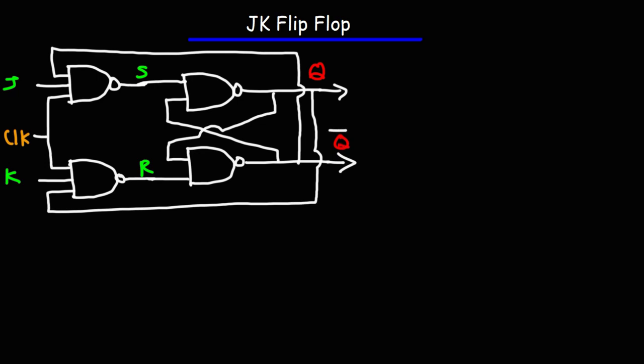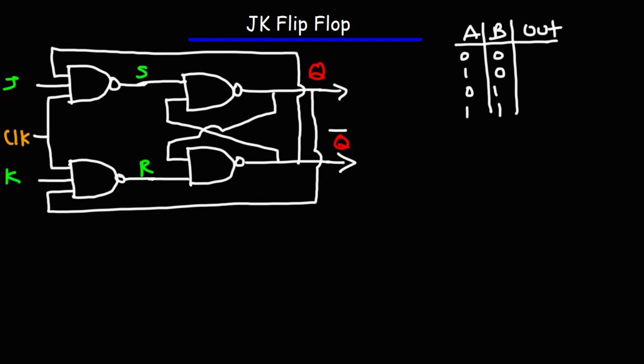Now let's review the truth table for a NAND gate. If you recall, the truth table for an AND gate, well, first let me fill out the values of A and B. For an AND gate, the output is 1 only if both A and B are on.